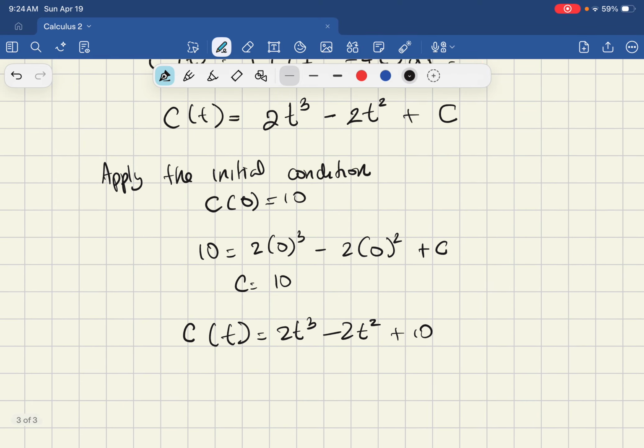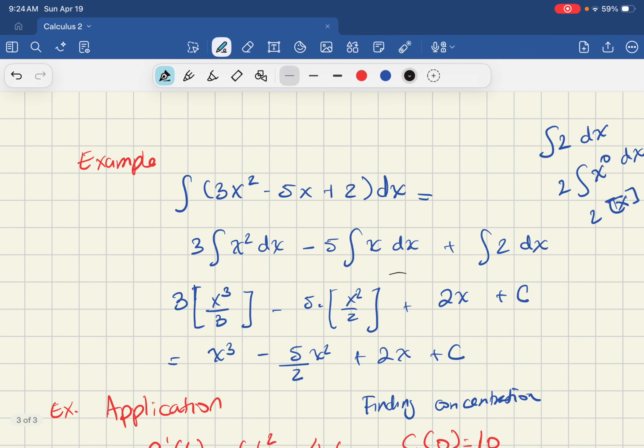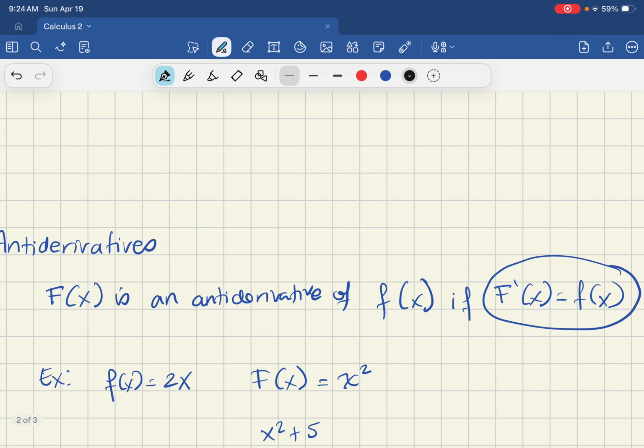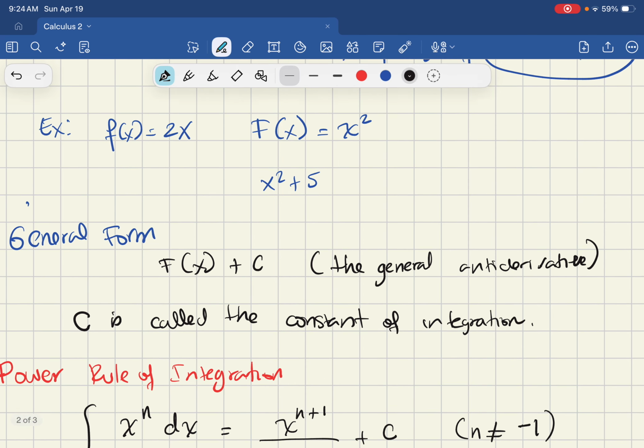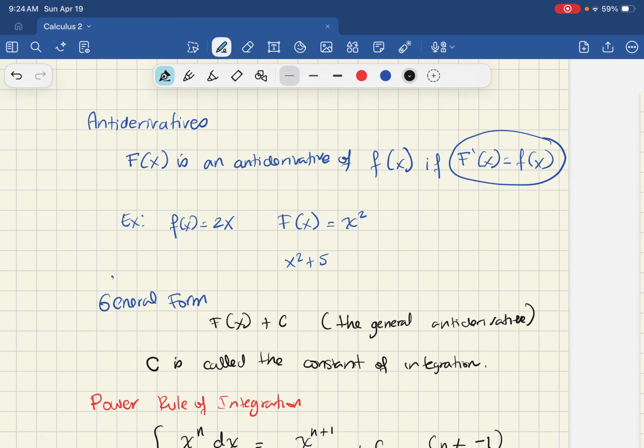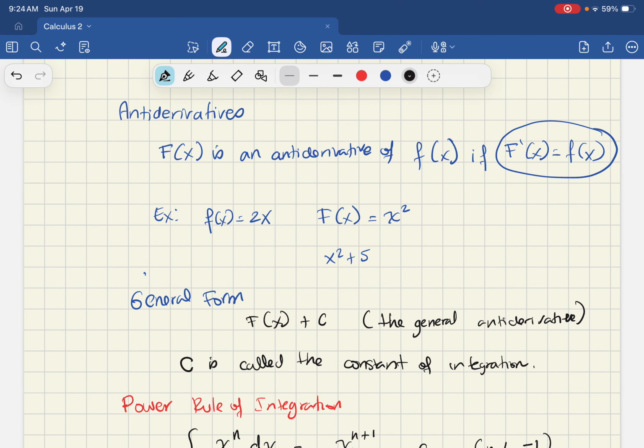So to recap what we covered: an antiderivative of f of x is any function F of x whose derivative is f of x.